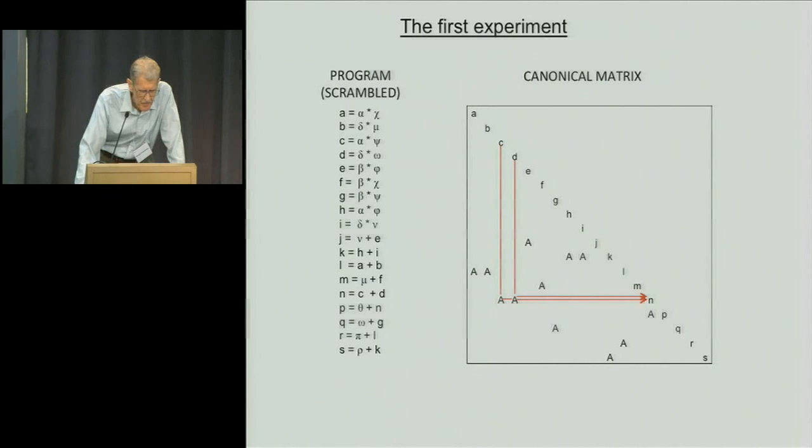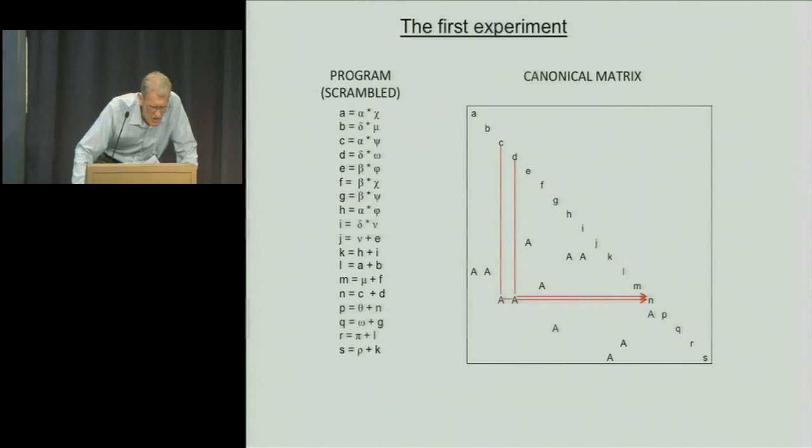And the statements of the program, each statement initializes a variable, and they are listed as A's, which stands for argument, on the lower triangle of the matrix.